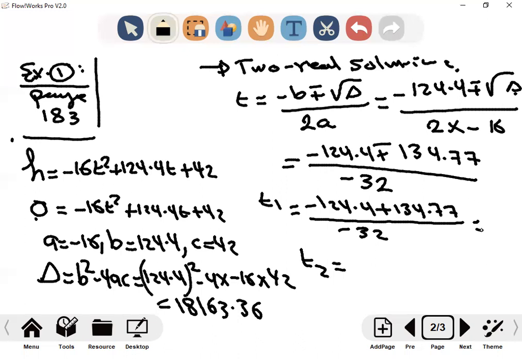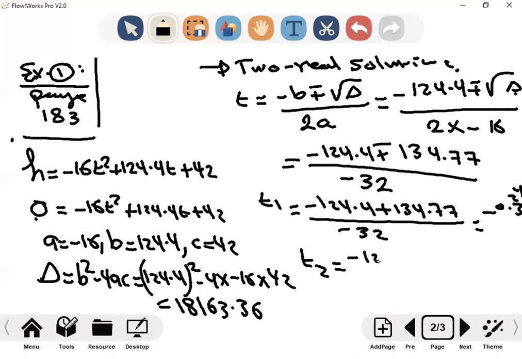Positive or negative? Negative, how much? Negative 0.324, right? For t2, we will take it negative.